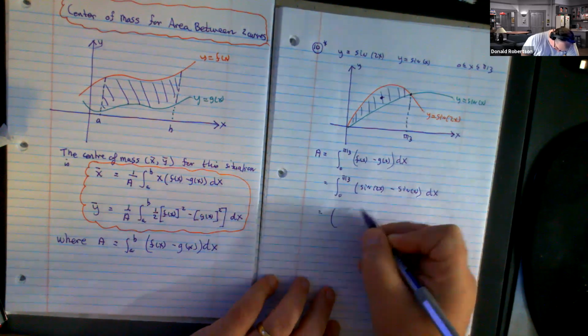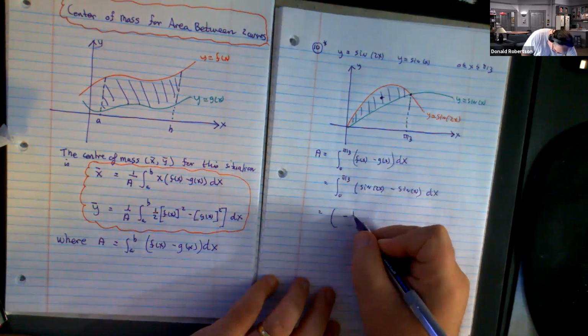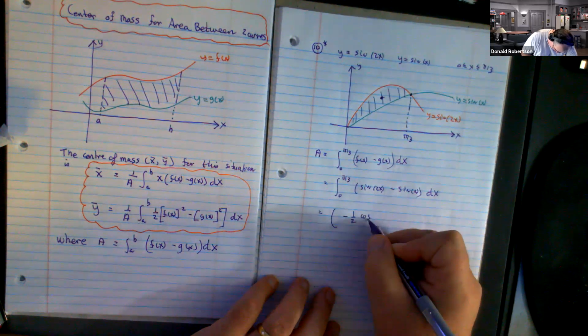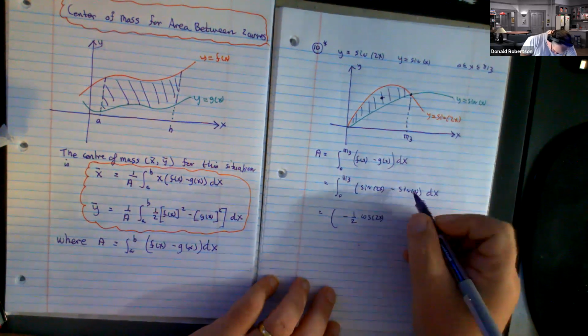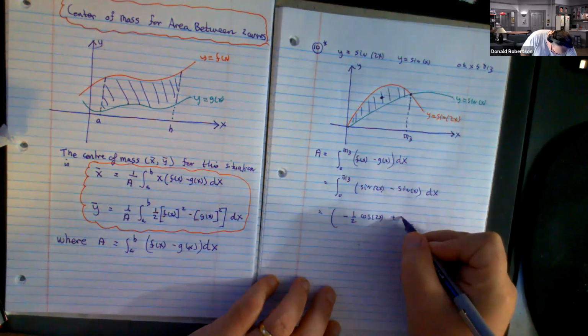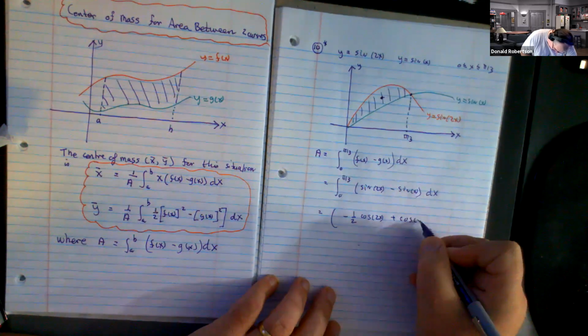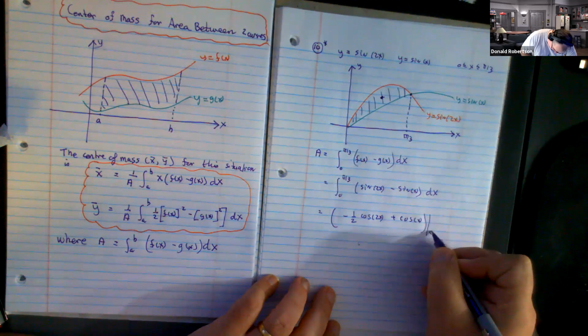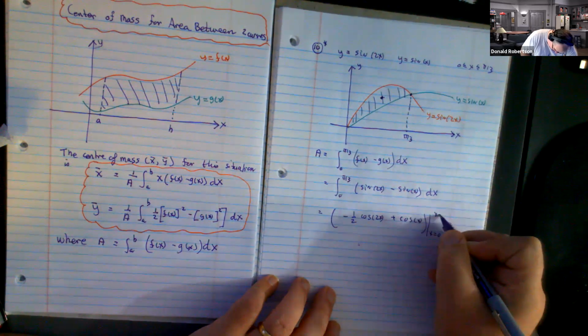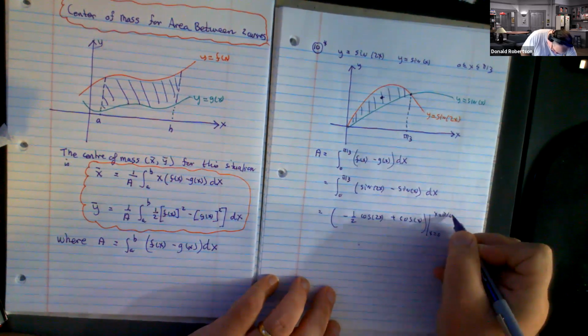And when you integrate the sine of 2x, you get negative 1/2 cosine of 2x. And when you integrate negative sine x, you get plus cosine of x. And that's going to be evaluated at 0 and at pi upon 3.